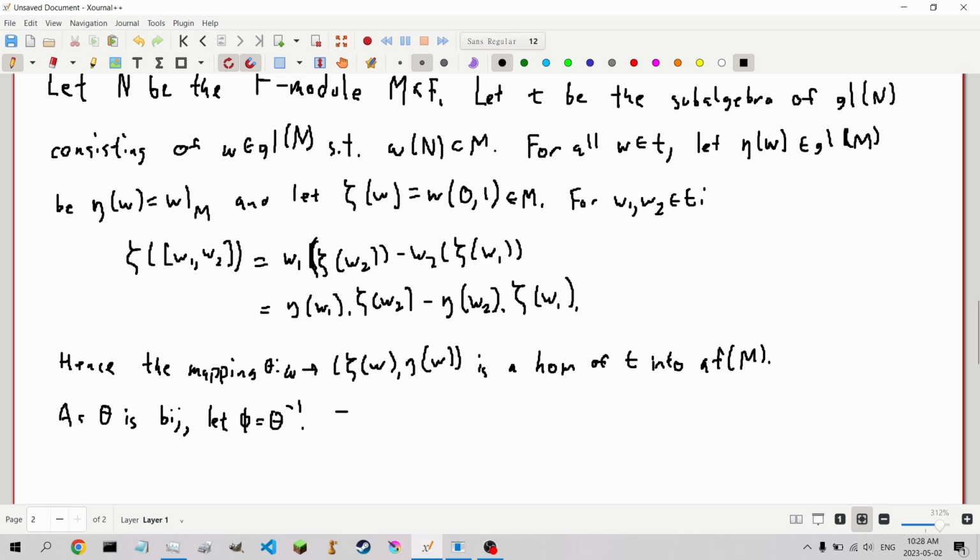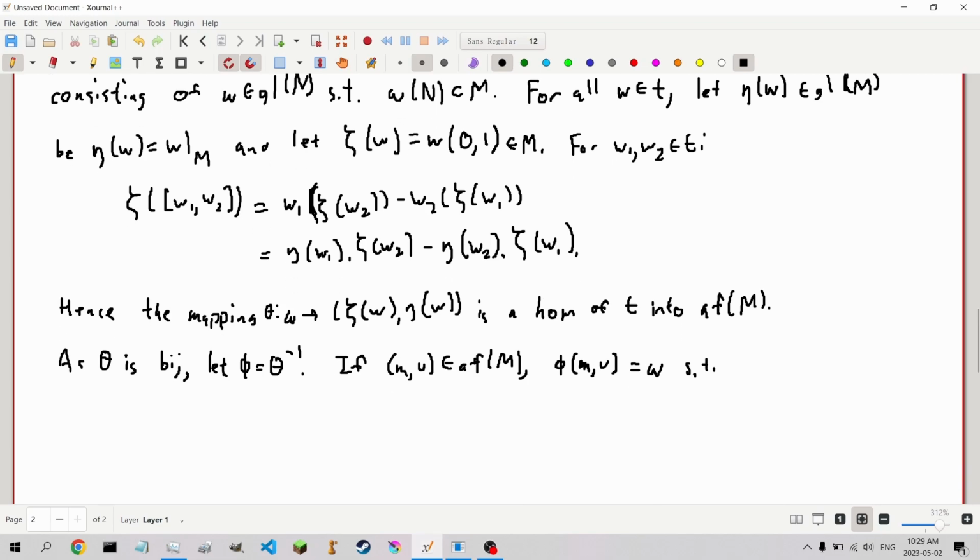We'll see here that if we have this mu inside the affine algebra of M, then theta of mu is equal to W such that W of some m prime and lambda is equal to m plus lambda m 0.